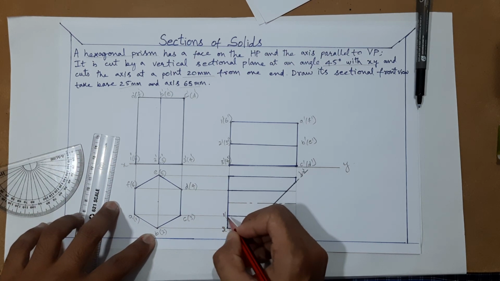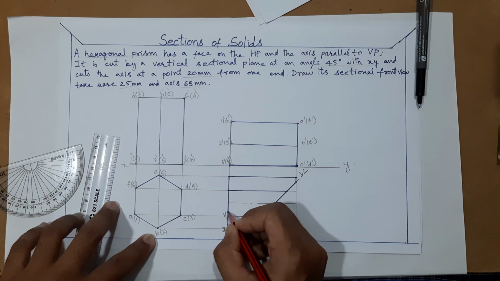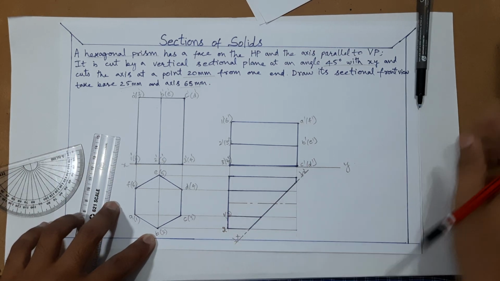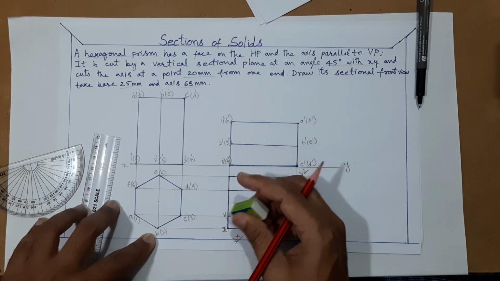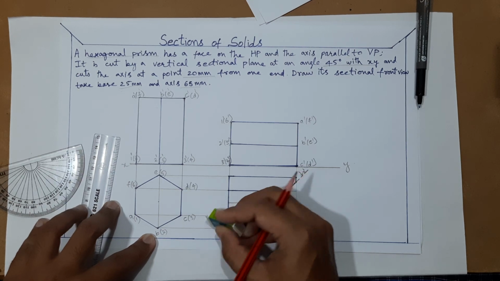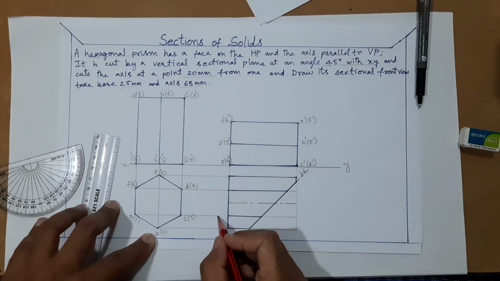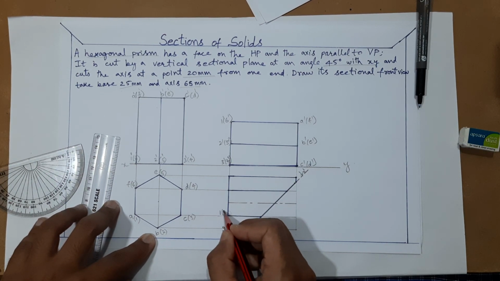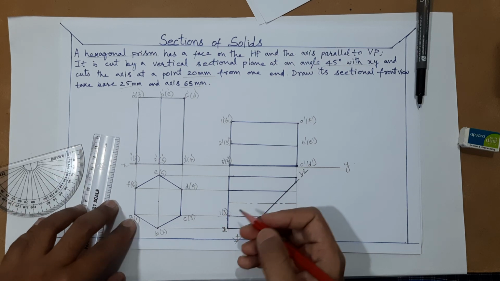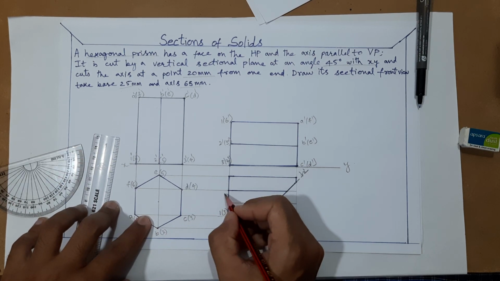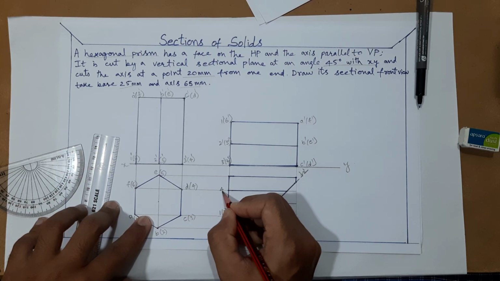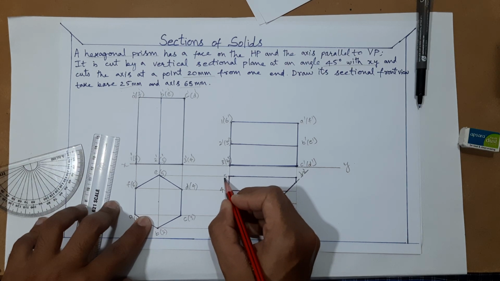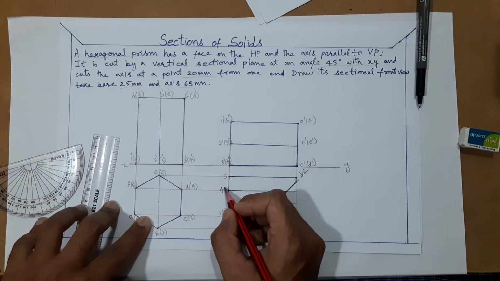Here one bracket three, three I'll write outside. One, two, three, 4, 5, and here backside it goes 6.